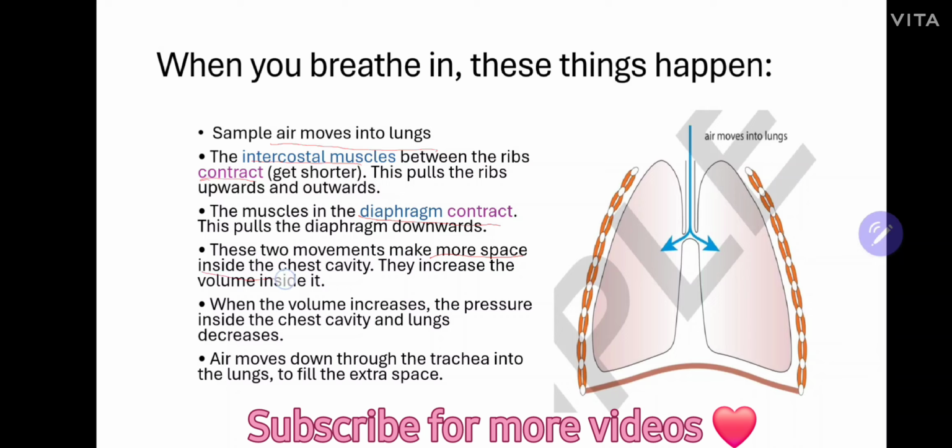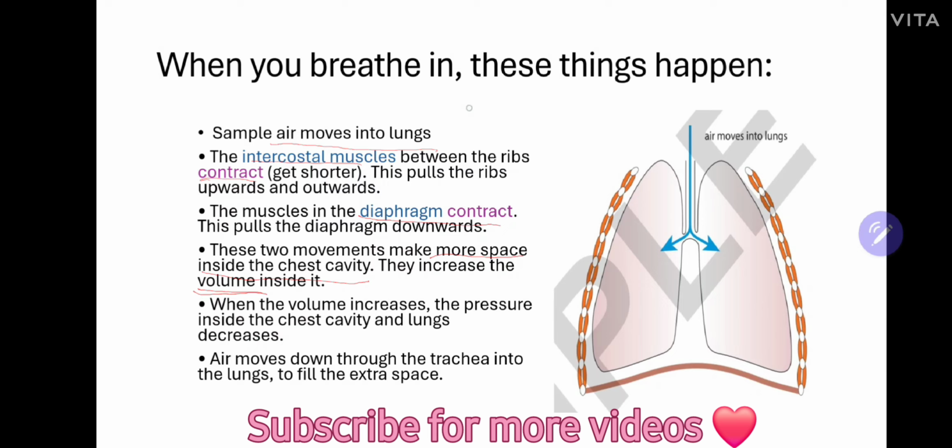So what will happen when the volume increases? As you know, volume is inversely proportional to pressure. So if pressure increases, volume decreases. If volume increases, pressure decreases.